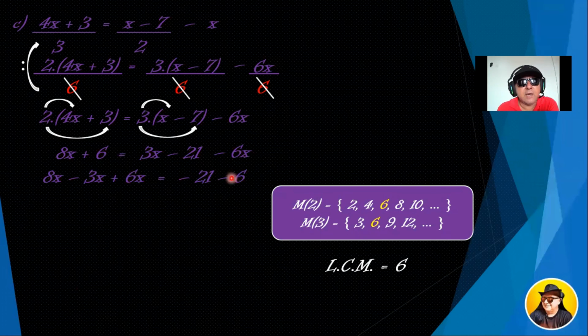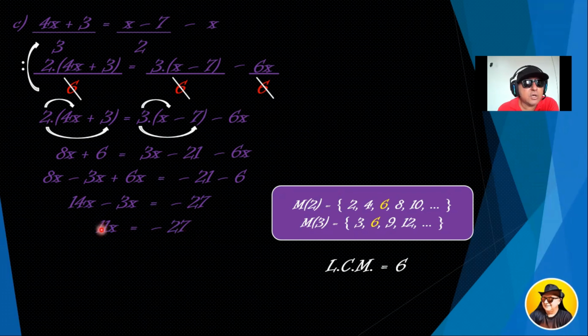Here, the same sign, remember? You add them and keep the same sign. Now I have 14x minus 3x, and here, minus 27. Now, 14x minus 3x is 11x, is minus 27.